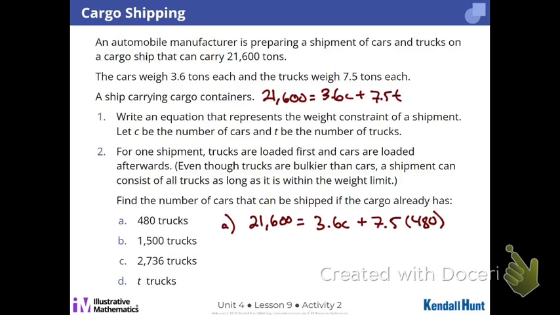And there's 480 trucks. So this is the most common thing I saw for A.